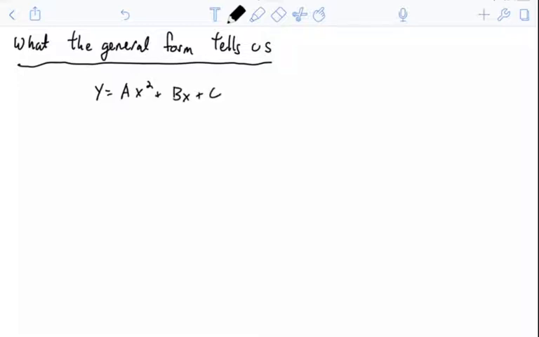Okay. That is the Y-intercept. That number. So if somebody goes, y is equal to 3x squared plus 4x minus 7, you know that the Y-intercept, if you were to graph it, would be minus 7. Why? Why is that the case?